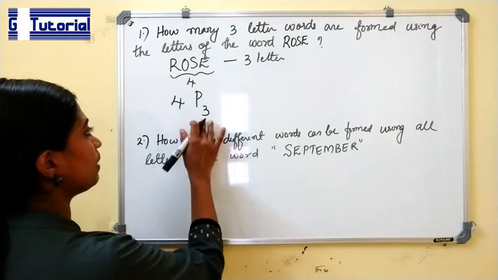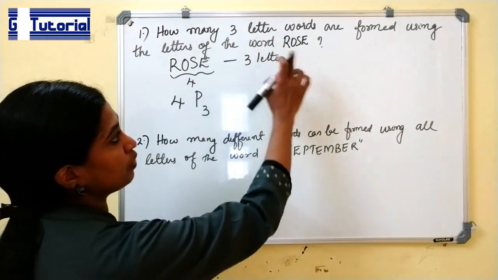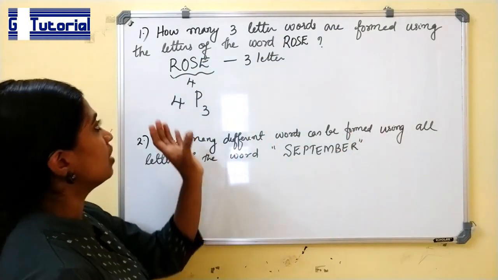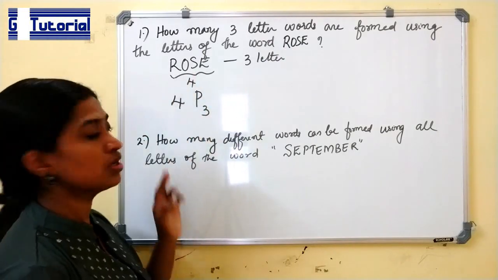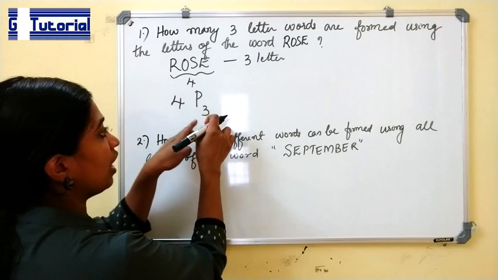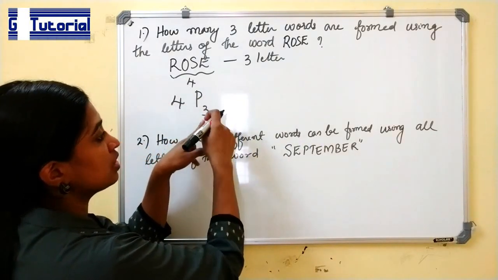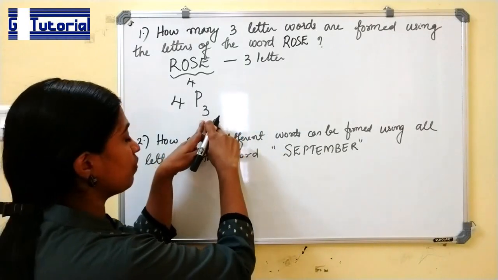So 4P3 gives the number of 3-letter words that can be formed using the letters of the word rose. The total is written here, and how many letters are used to form the word is written over here.